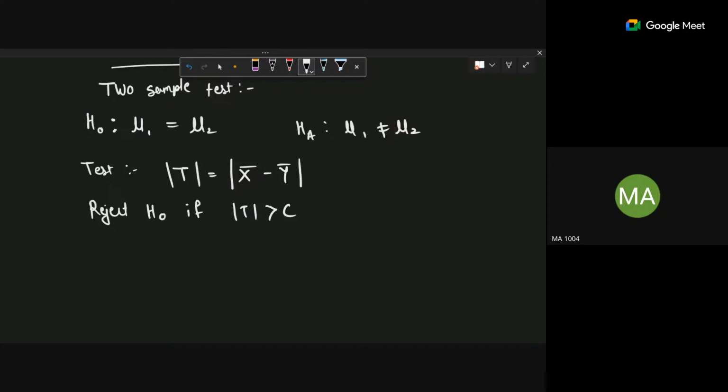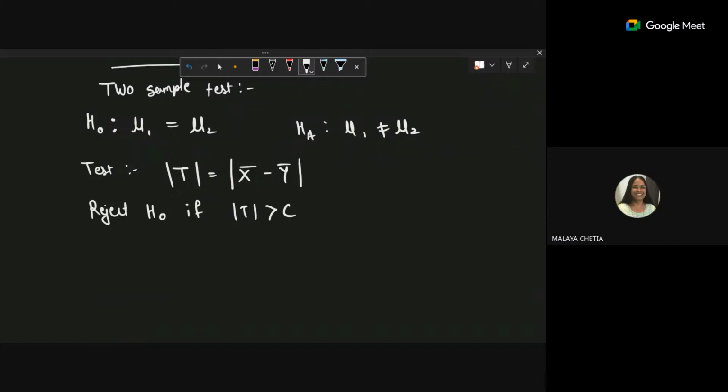If the difference is 1 hour or 2 hours, then you will say it might depend on the particular sample. If the sample is more representative, then the answer might be different, right? Are you getting my point?